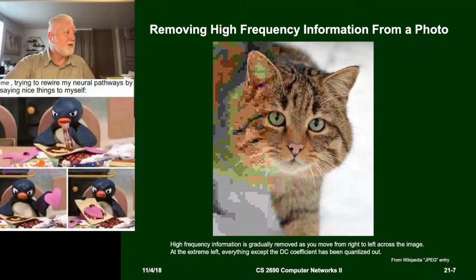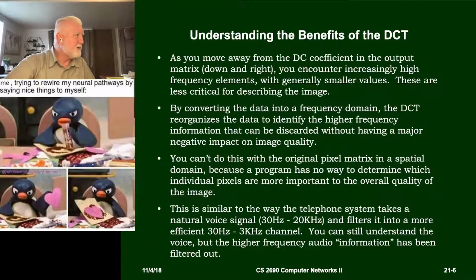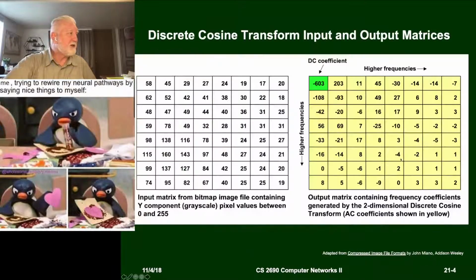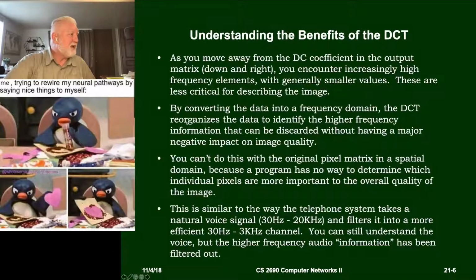And so what we do, it essentially allows us to identify the frequency information we can discard. We can't do that with the original pixel matrix, with all the values, because we can't tell which ones are more important to the overall quality.